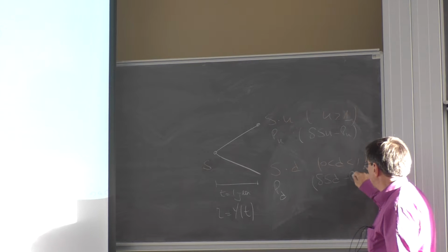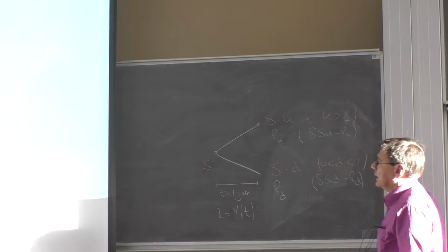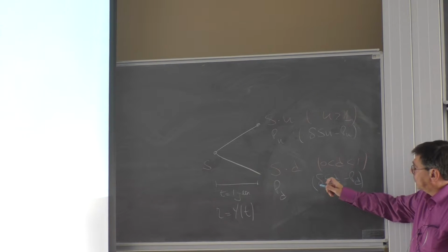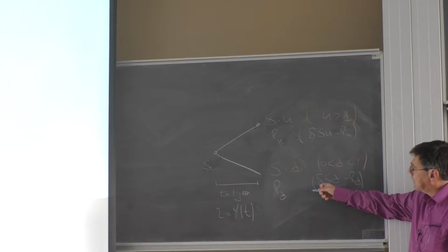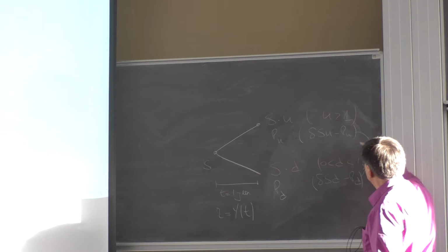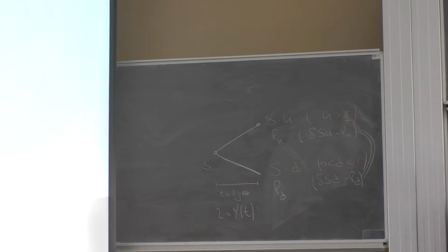I lose P_D. And now how am I going to choose my portfolio? I'm going to choose a delta that makes these two numbers the same. Okay, there it is.